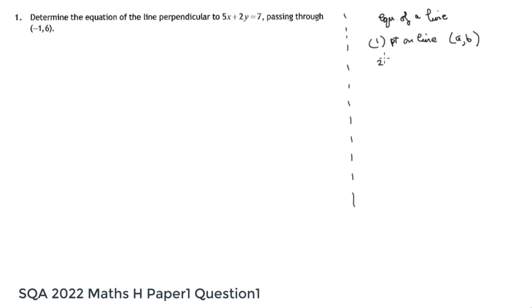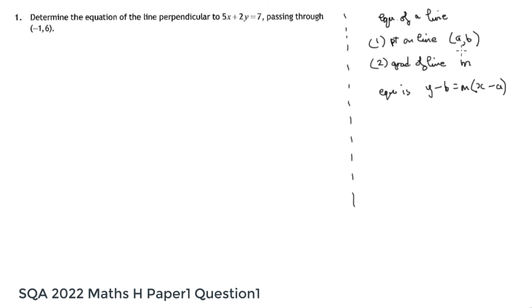And we also need to know the gradient of the line, and let's suppose that gradient is m. Then the equation of that line is y minus b equals m times x minus a.